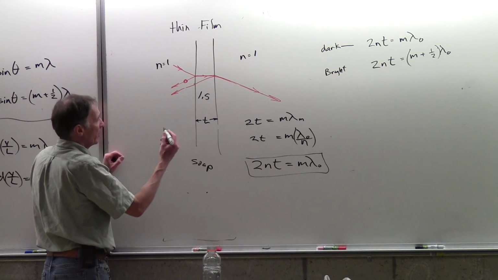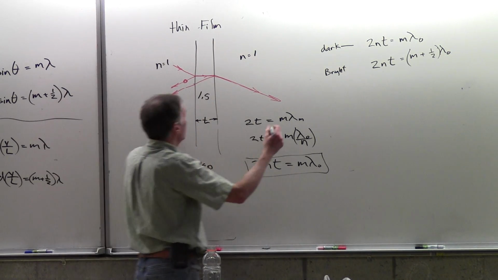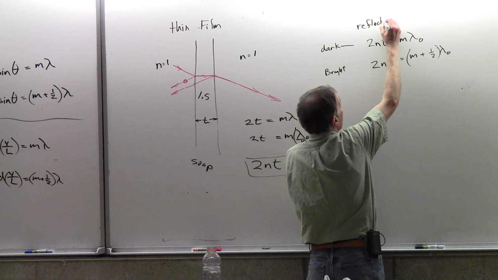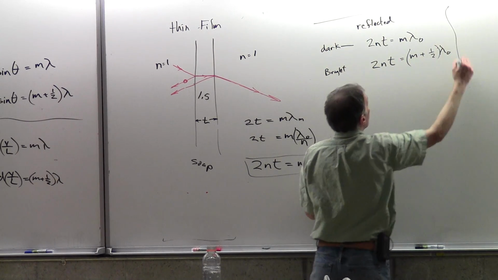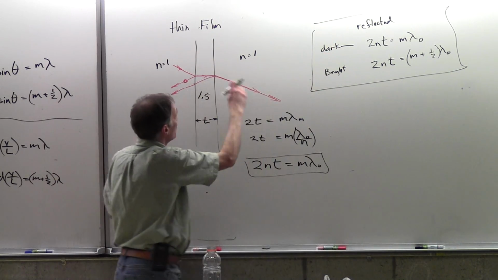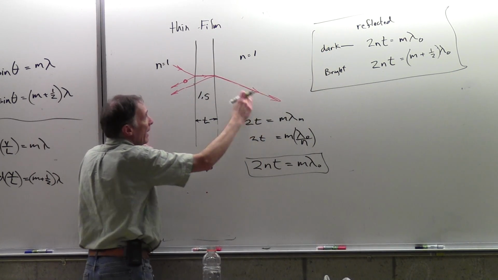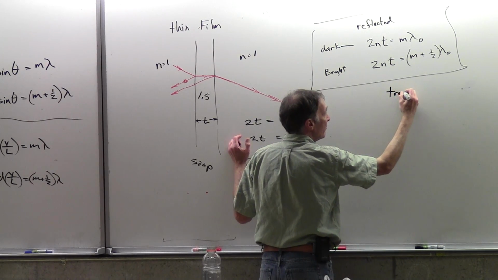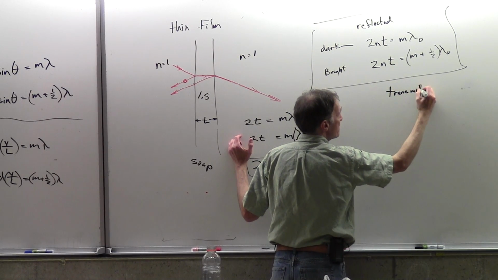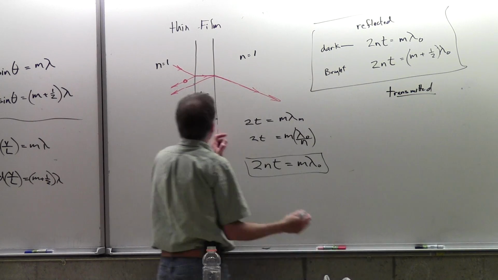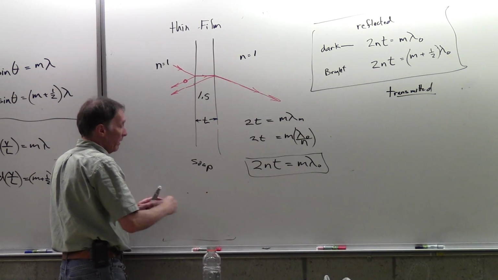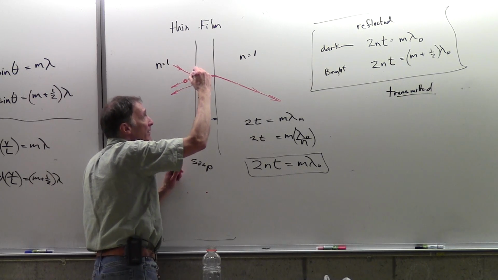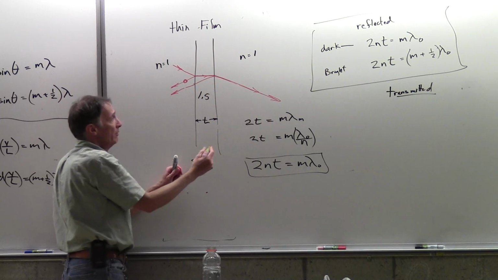This is for what we call reflected light. There is also some light that is transmitted, on this side. So for transmitted light, there's going to be another reflection, where this transmitted light is going through.